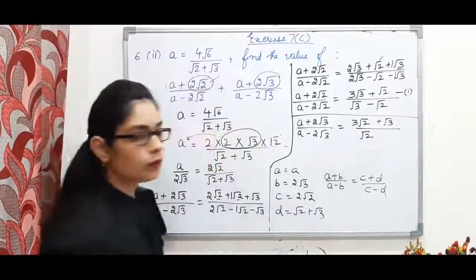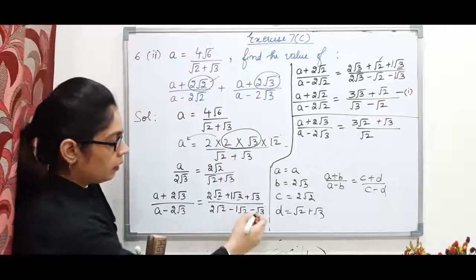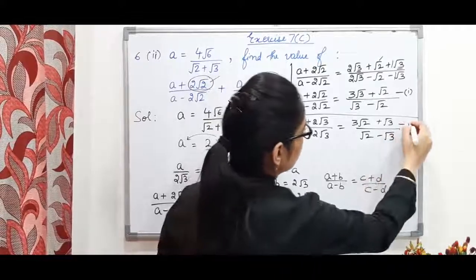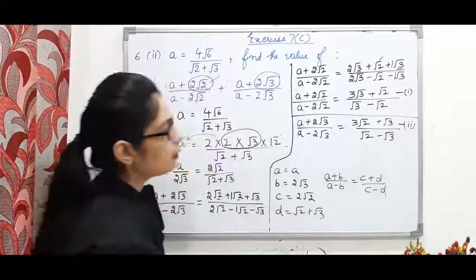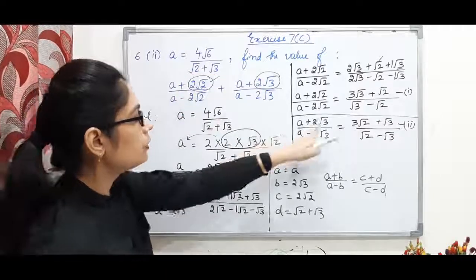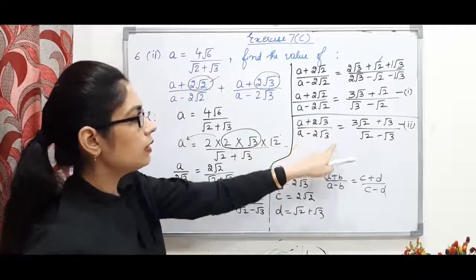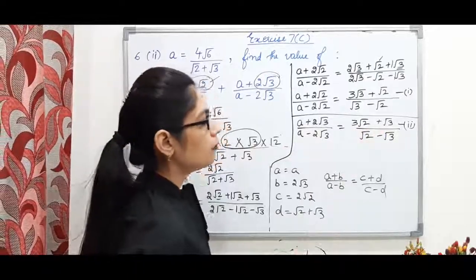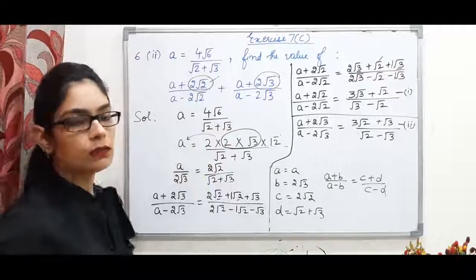So 1 root 2 or root 2 minus root 3. See, this is the value of this: a plus 2 root 3 upon a minus 2 root 3 is equal to 3 root 2 plus root 3 by root 2 minus root 3.